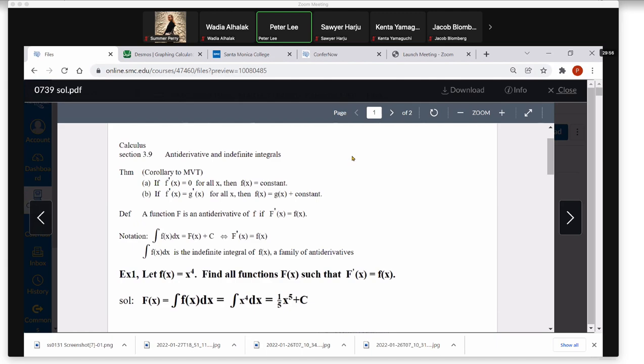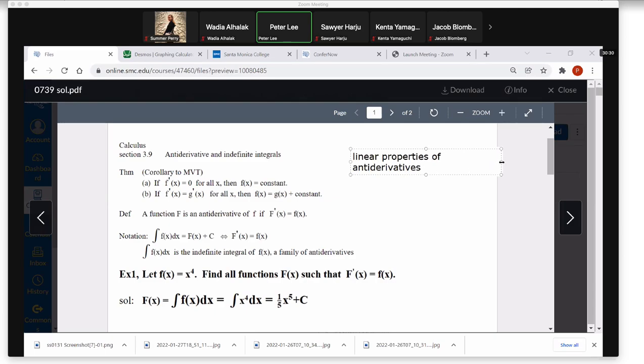So let me write down the properties of antiderivative. Let me call them the linear properties of antiderivative.